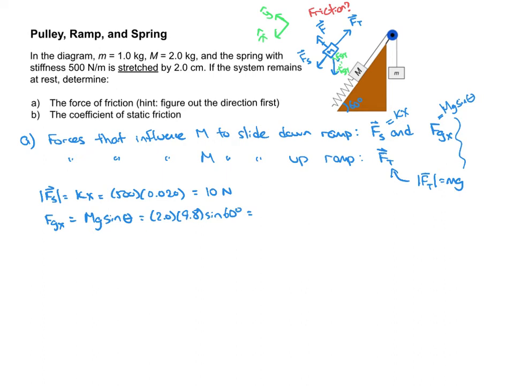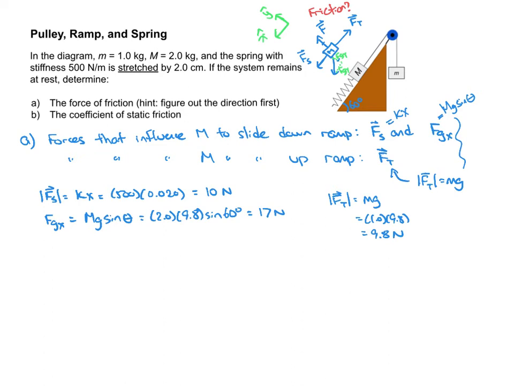So that's 17 newtons. And now going the other direction, tension, pulling it up the ramp. That's mg as we discussed, so 1 kilogram times 9.8, that's 9.8 newtons.